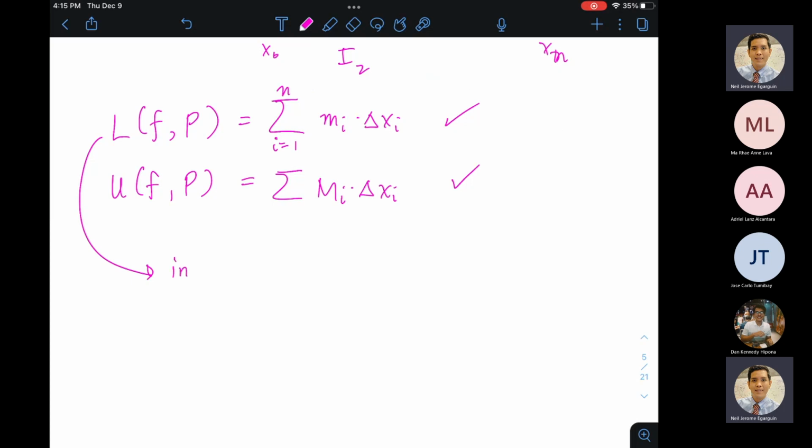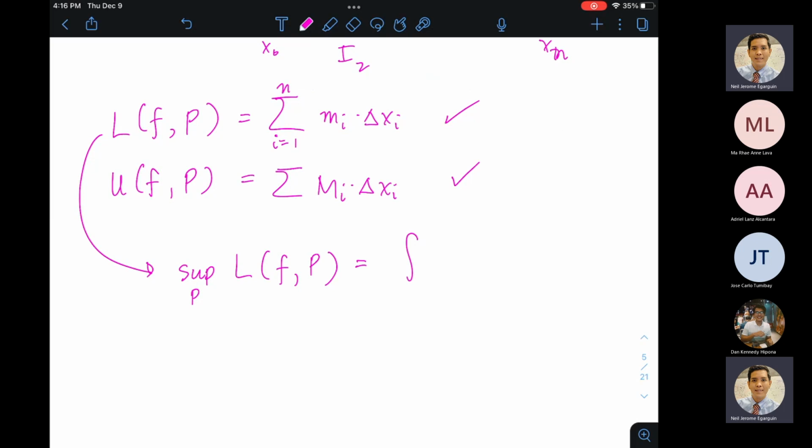So, kukunin ko yung supremum, which is the least upper bound ng mga L of F,P, ng mga lower sums of F relative to a partition P over possible partition inducers P. So, kukolektahin ko lang lahat ng posibleng partition inducer, capital P, kukomputin ko yung lower sum nilang lahat, tapos kukunin ko yung least upper bound ng mga lower sums na yon. And that is what I will call the lower Riemann integral of F over the interval AB.